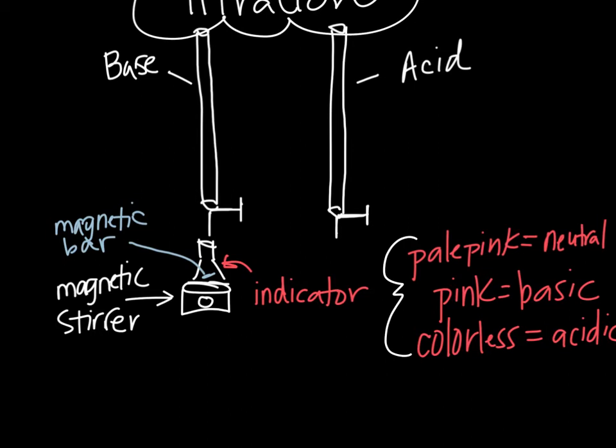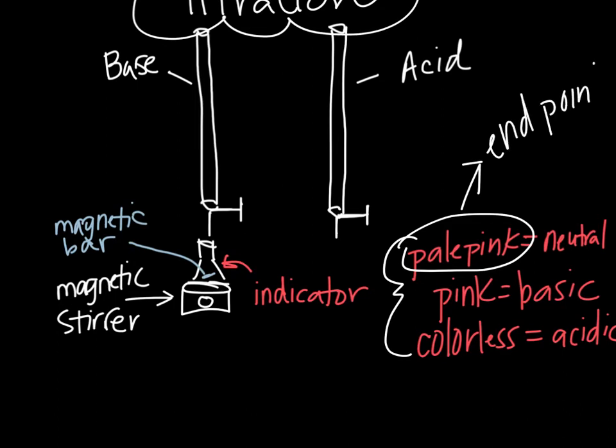The whole point here is the colors of the indicator. It is really important that we put in the indicator, otherwise we will not know when the solution has been neutralized, because it's not turning color to let us know. When we get to this pale pink color, when it's neutral, this is when we know we have reached what is called the end point in the titration.